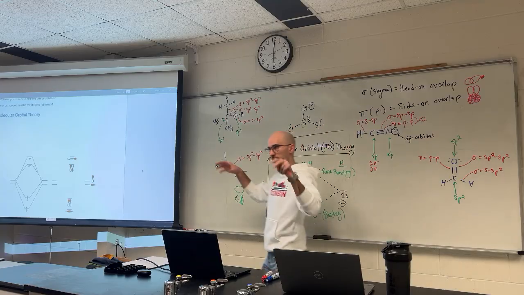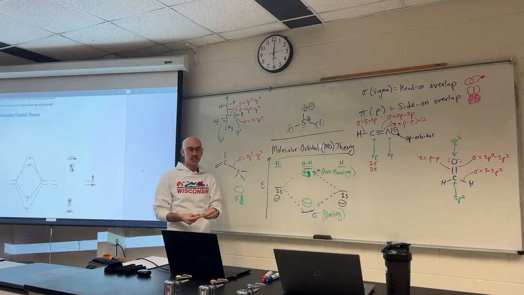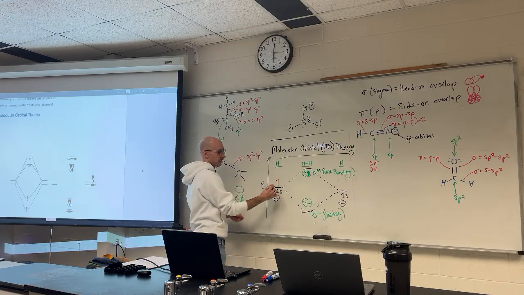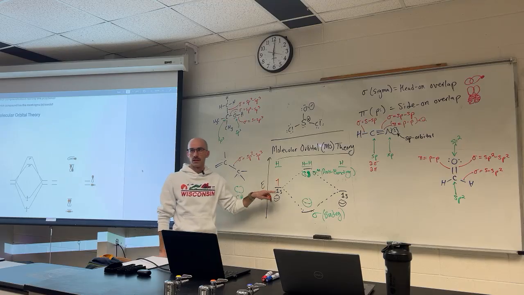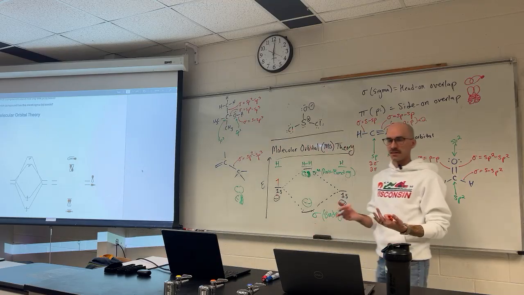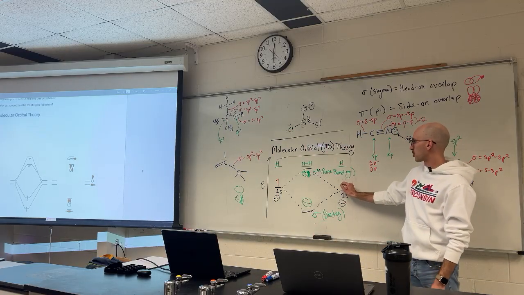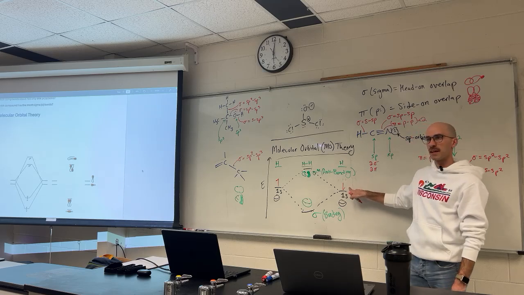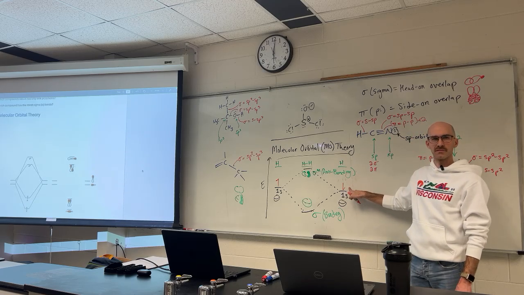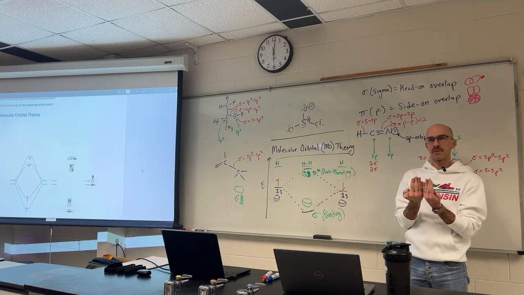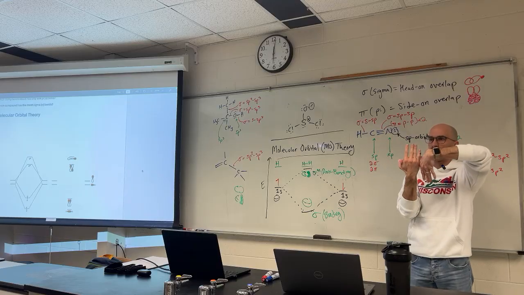So let's say two neutral hydrogen atoms, each with one electron, come together. One electron here. Just to be consistent, because these are going to form a pair, I'm going to show opposite spin on my other hydrogen. I can't have two spin ups come together. I need one spin up and one spin down.